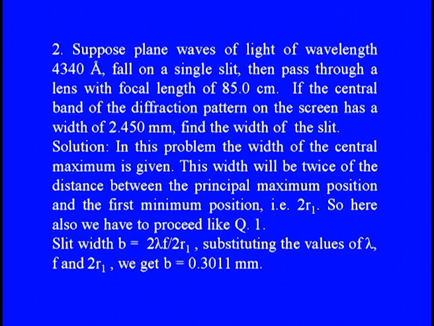So slit width b is equal to 2 lambda f divided by 2 R1, where f is the focal length of the lens. Substituting the values of lambda, f and 2 R1, we get b equal to 0.3011 millimeter. That is, the width of the slit is 0.3011 millimeter.